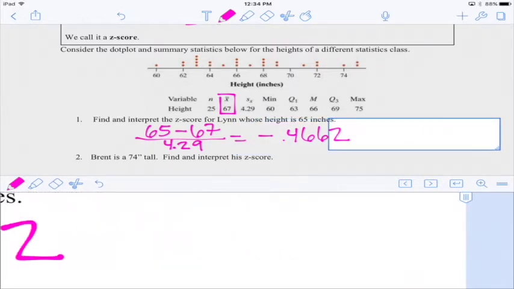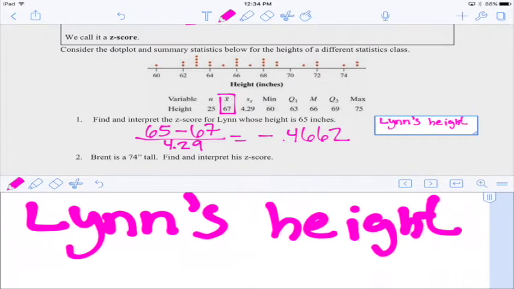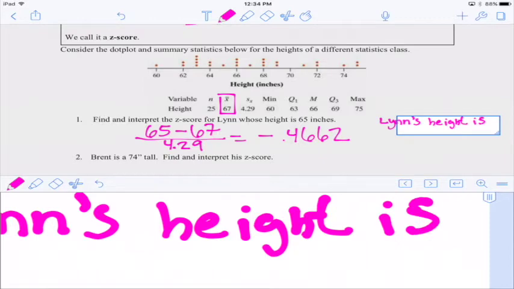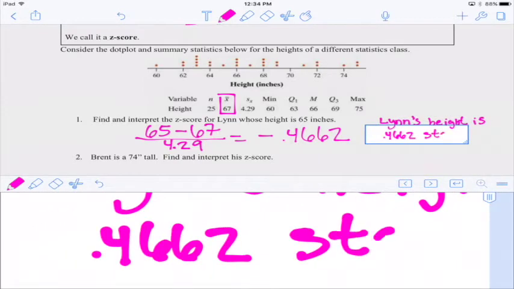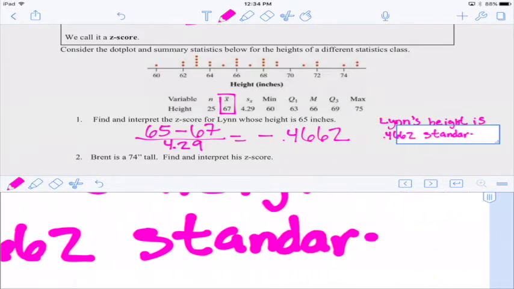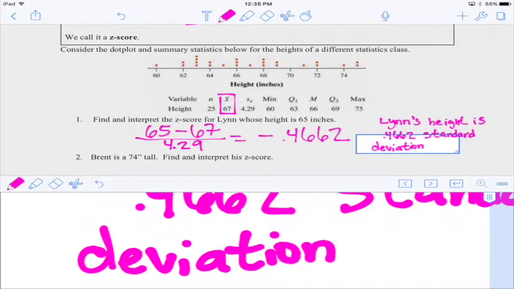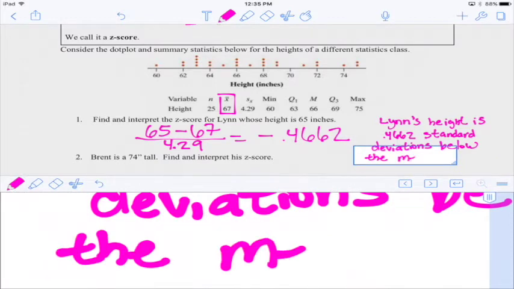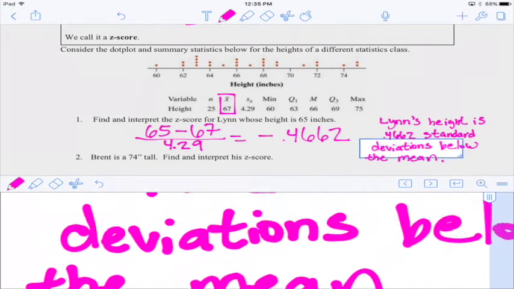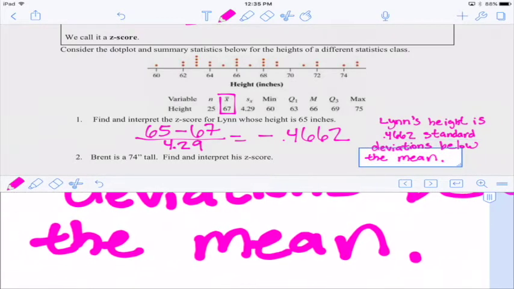So Lynn's height is 0.4662 standard deviations below the mean.